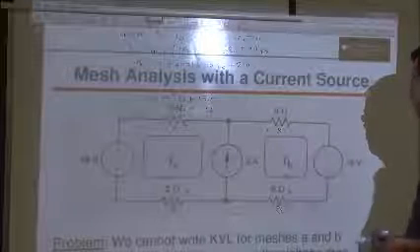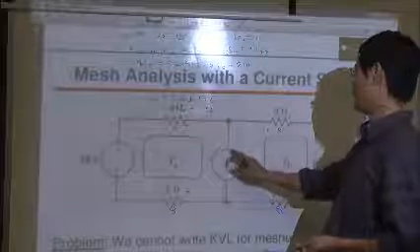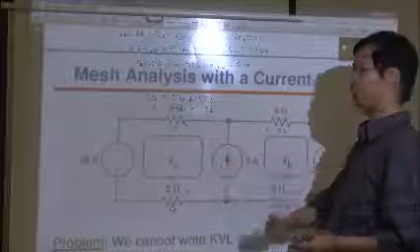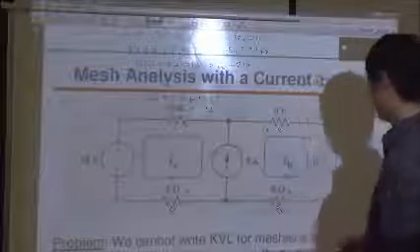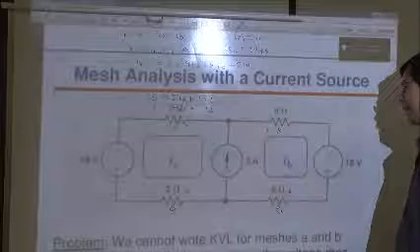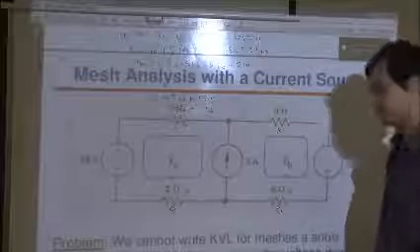Let me ask you: if I replace the 3 amp current source with a voltage source, do we need to do this big loop again, or can we use the old way?